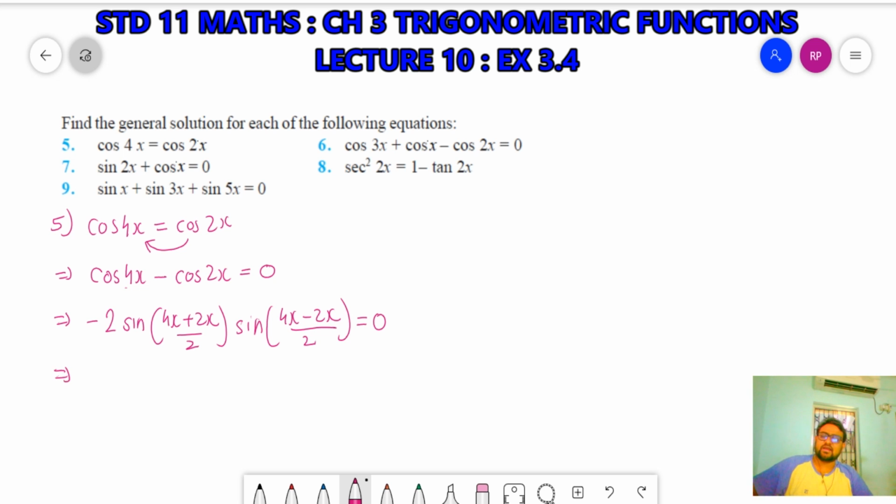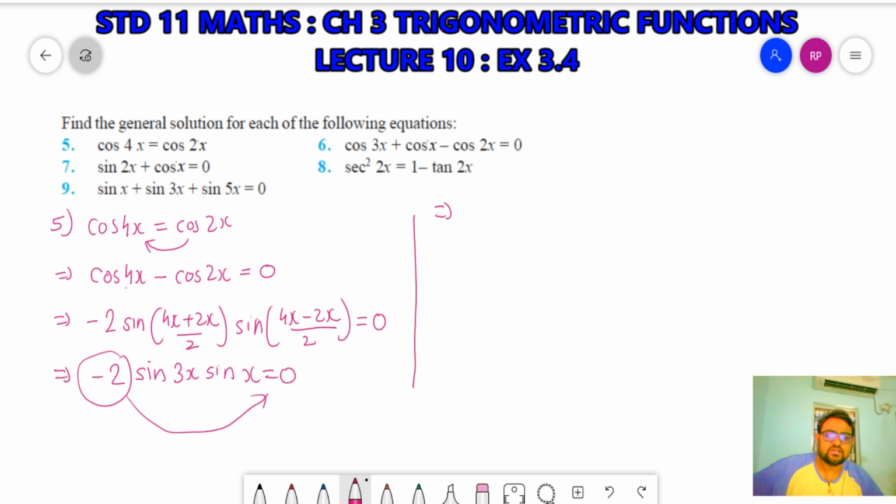That gives minus 2 sin 3x, since 6x by 2 is 3x, times sin x, since 2x by 2 is x, equal to 0. When the minus 2 goes to the other side, 0 divided by minus 2 is 0. So sin 3x into sin x is equal to 0.